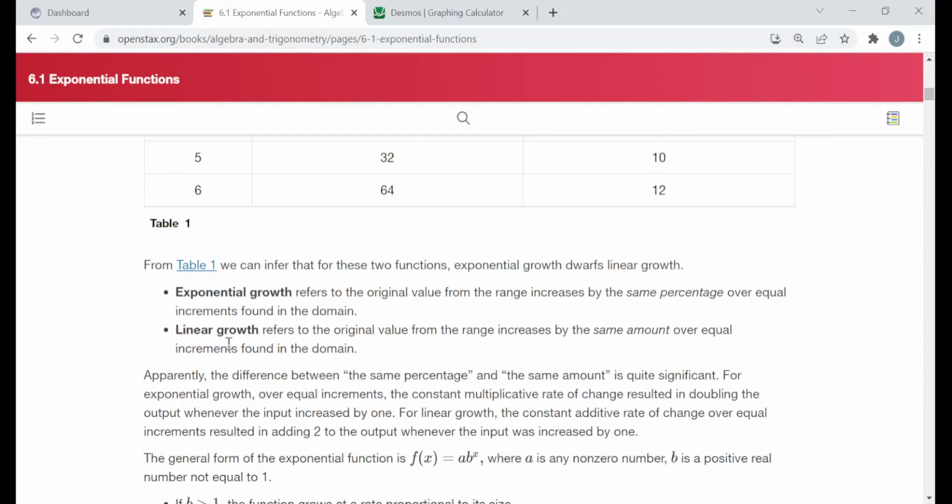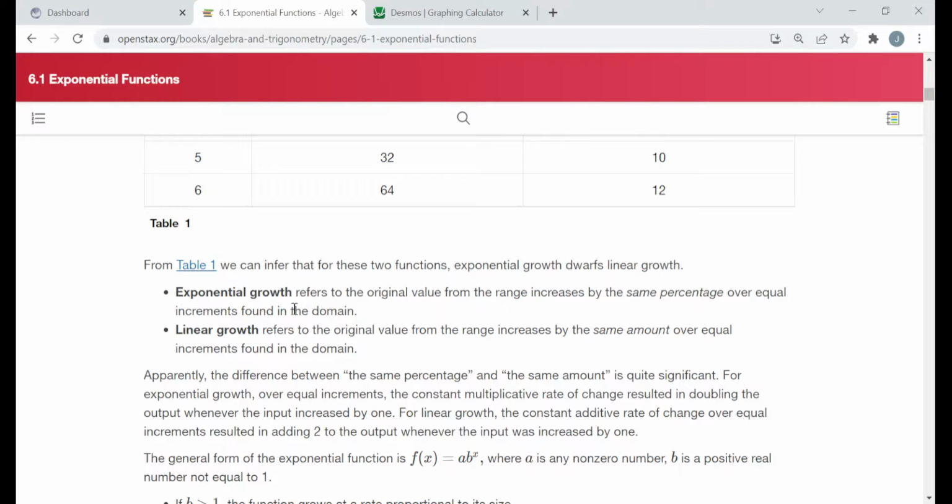So when I'm talking linear growth, that means if I increase the input by 1, the output will increase or decrease by the same amount every time. You've seen that with slope, right? The slope of a line is how much the output will increase or decrease when I increase the input by 1.